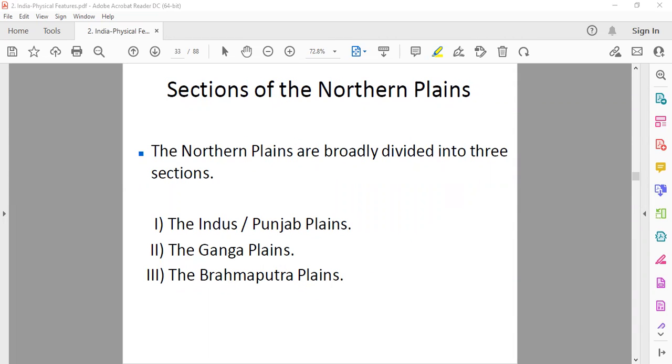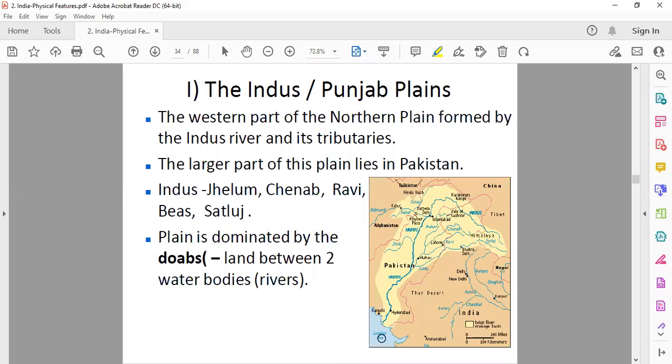The northern plains are broadly divided into 3 sections: the Indus or Punjab plains, the Ganga plains, and the Brahmaputra plains. Please read.